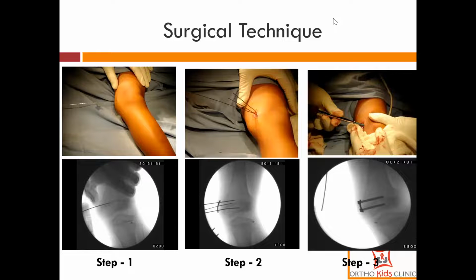And now this is the technique video from someone else, but the screws need not be this long. You know why? I'll tell you in a moment. So this is the conventional method, and once you are well trained to do this, it doesn't take more than 10 minutes to finish this procedure.